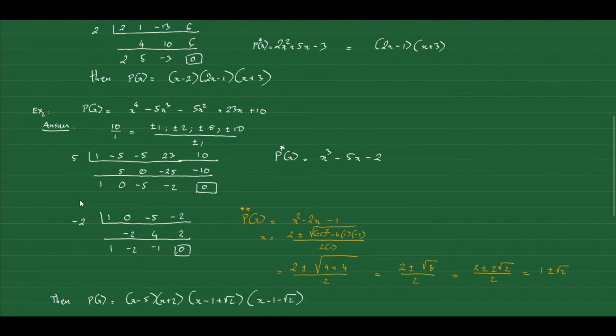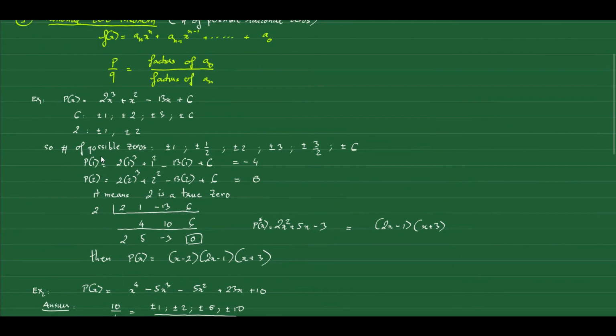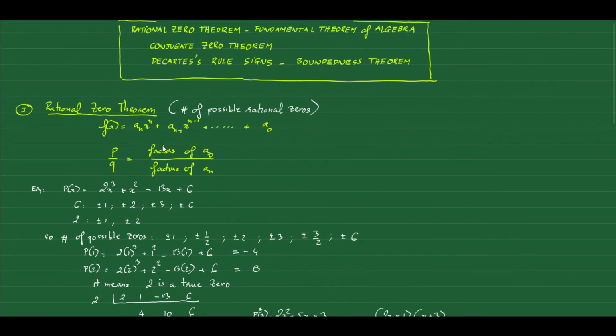About 300 years ago, one of the great German mathematicians found out a very interesting piece of information, and that information is the theorem called the fundamental theorem of algebra.